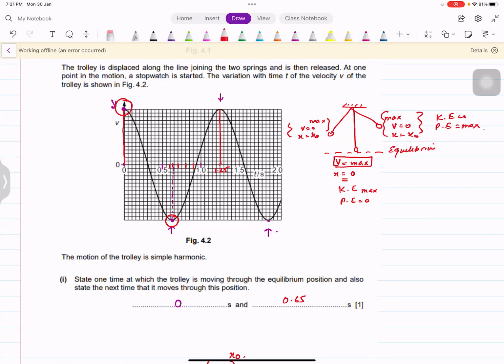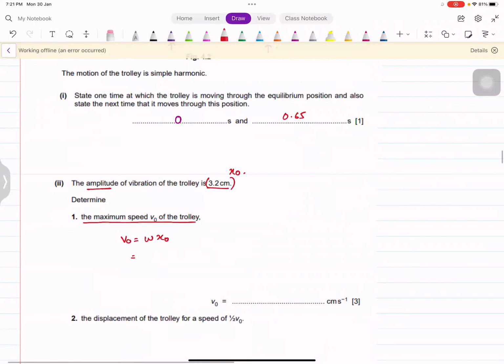Yes, sir. Okay, so 1.25 means that omega is 2π divided by T, times x naught, so 2π by 1.25 times 3.2. We don't have to change this because it is in centimeters, so we just keep it in centimeters.